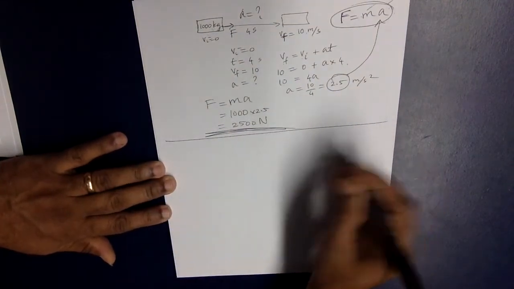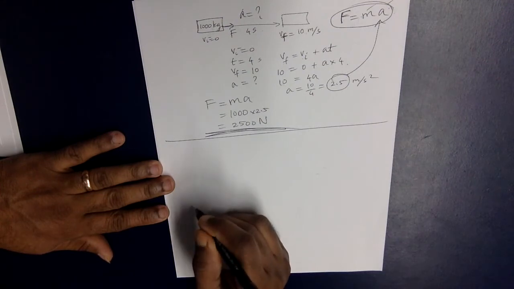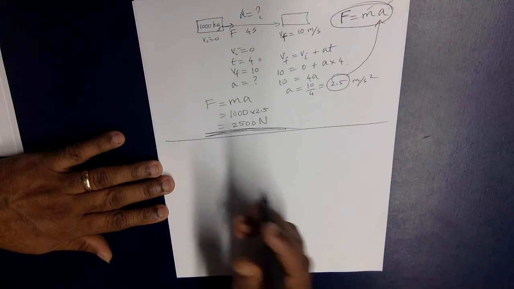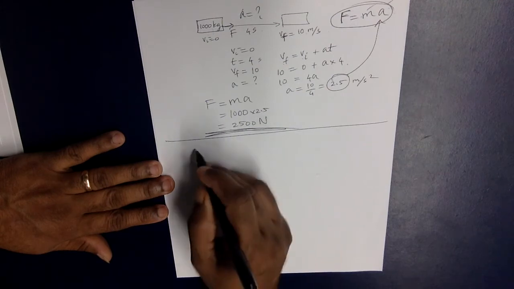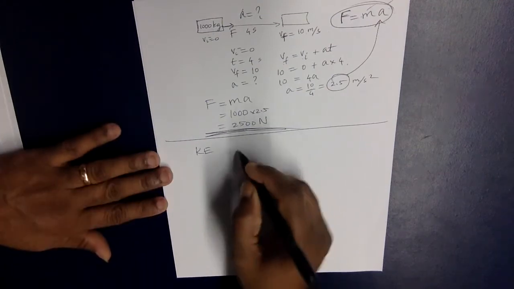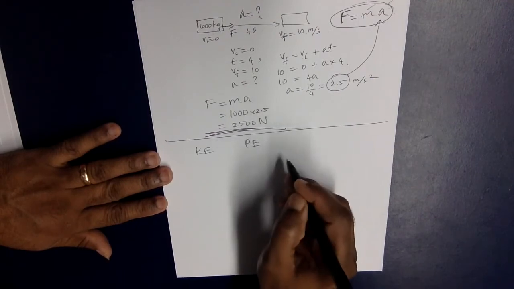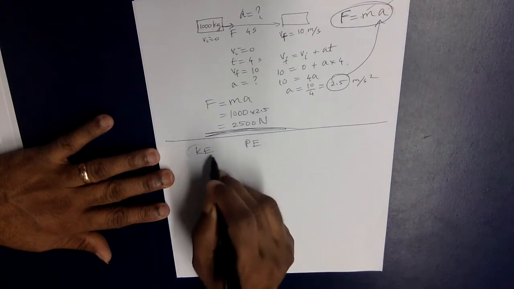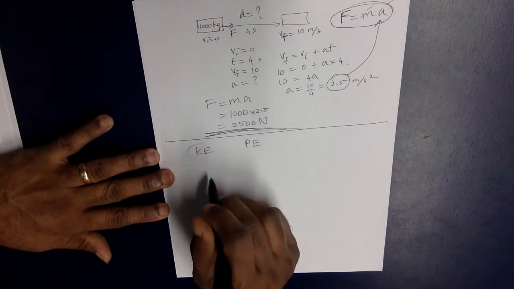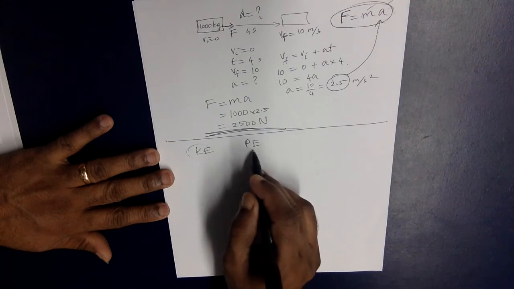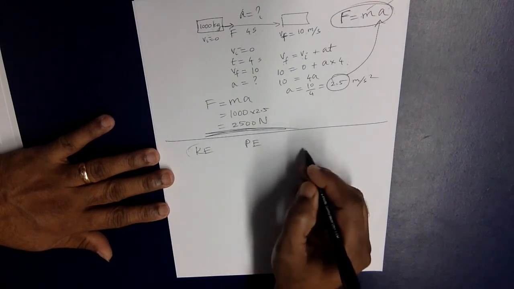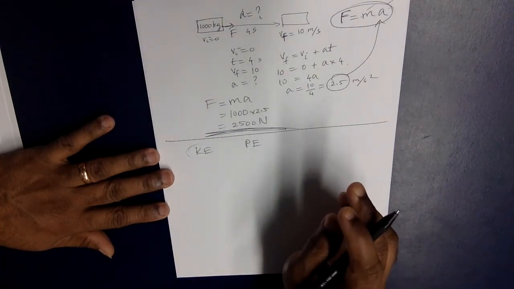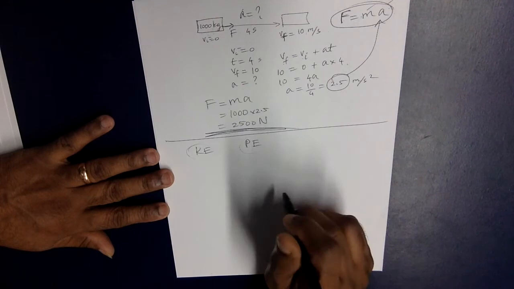I discussed some examples of energy. Energy can be of different types. You have kinetic energy, which is due to motion. Potential energy is due to position. So if there is any energy related to position, like the position of a spring or water in a tank, those things are all potential energy.